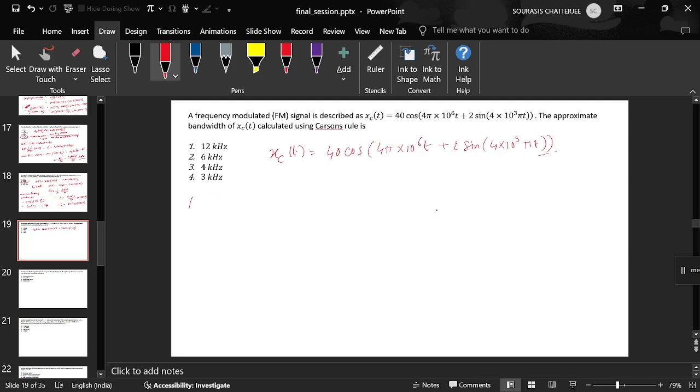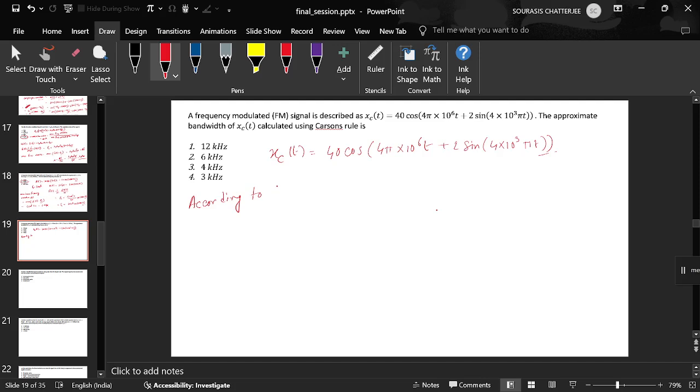According to Carson's rule, there are a lot of calculations involved to find the bandwidth of a frequency modulated signal using the Bessel function that we have already covered in one of the previous assignment sessions, if I remember correctly. Now I'll just give you the formula, which is important for the exam.